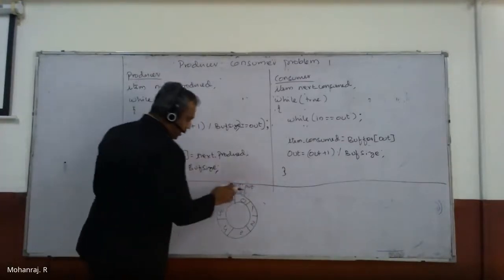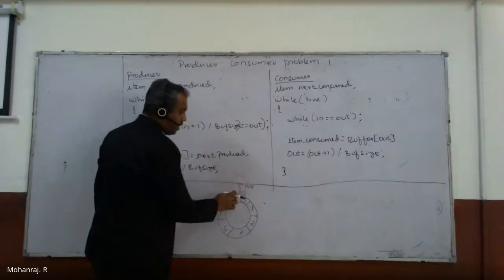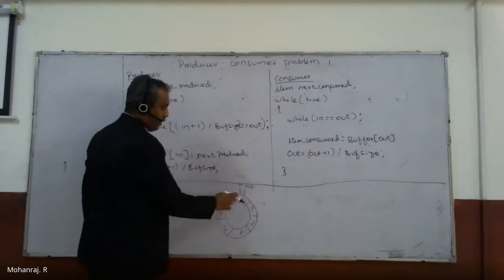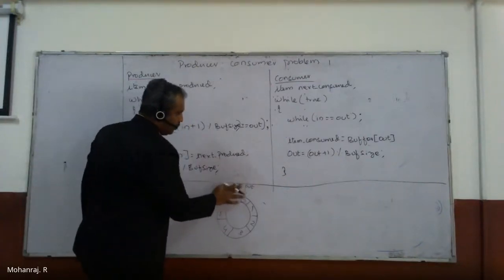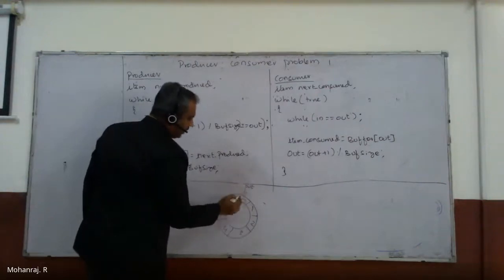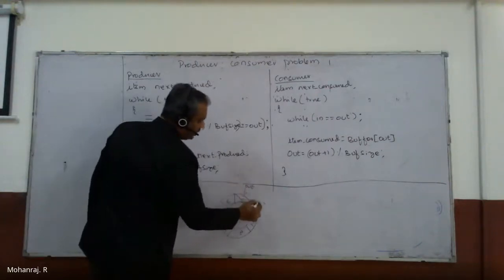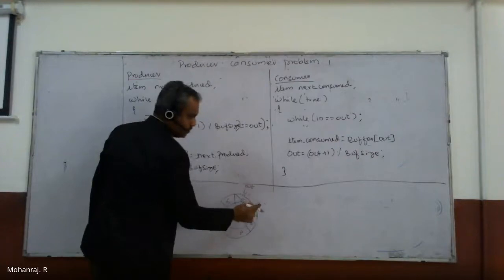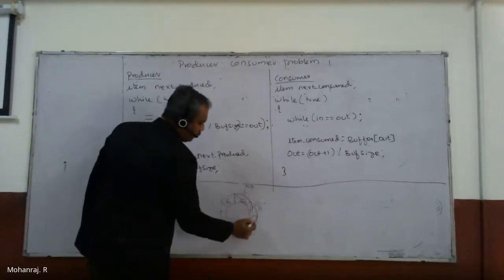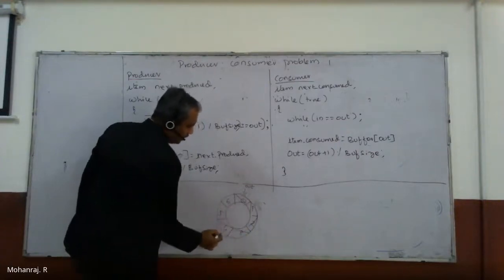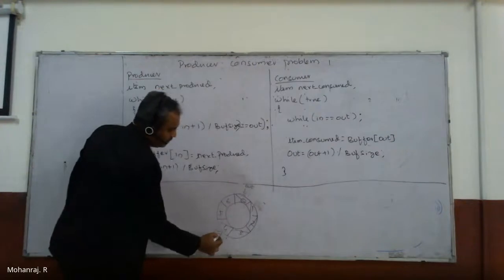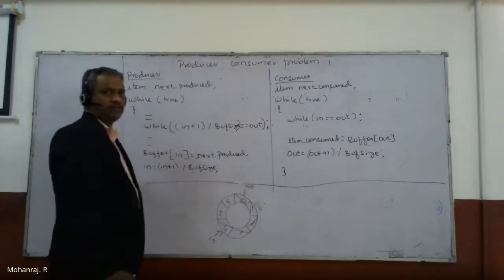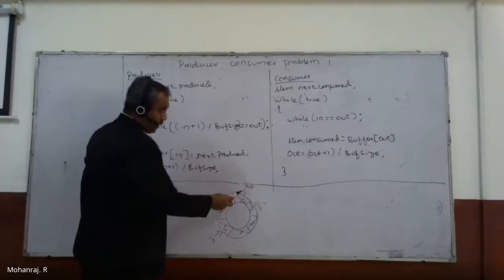Now in is used as soon as we place a new item into it; the in pointer will point to the next position. Likewise we are going to move the pointer one after another. Say you assume the in pointer is at this place. Now out is here. What is out?